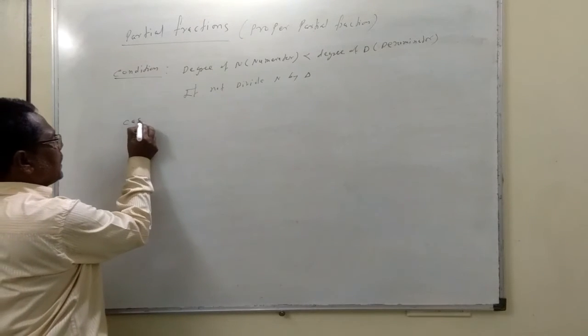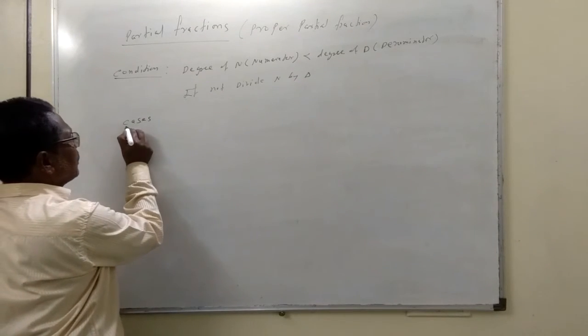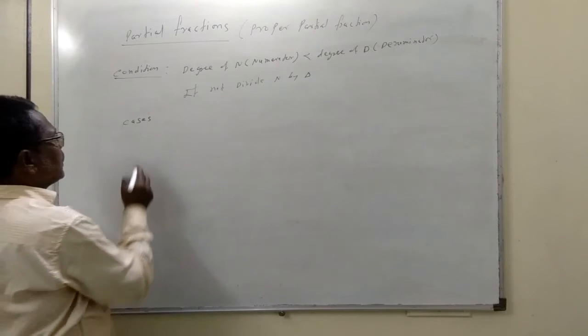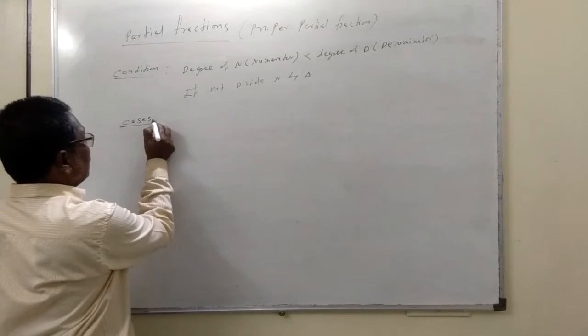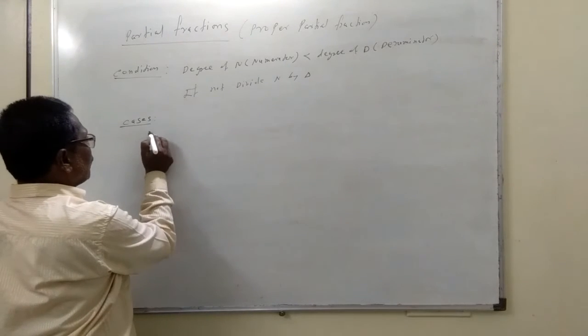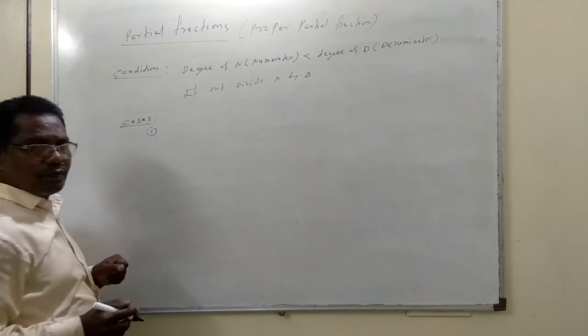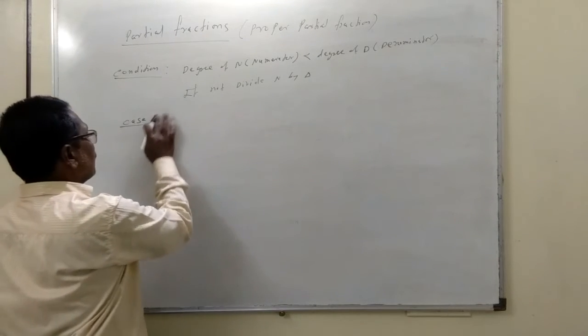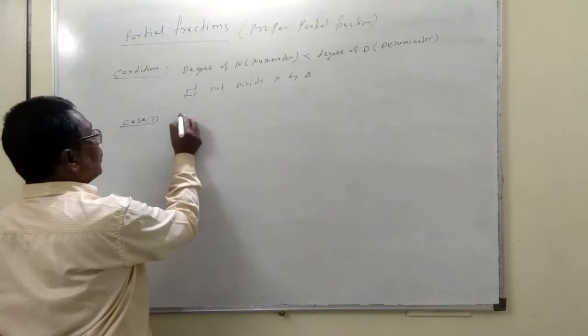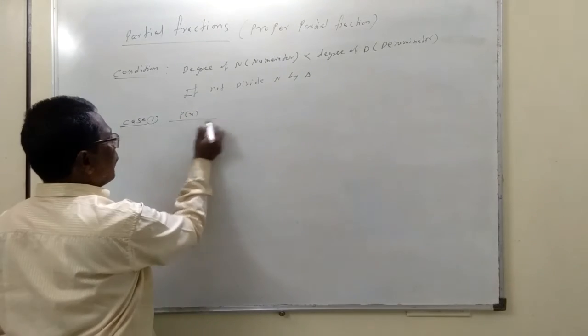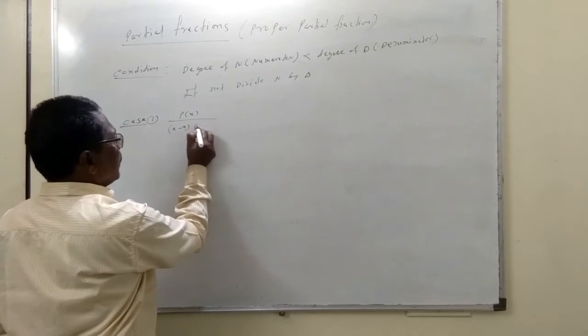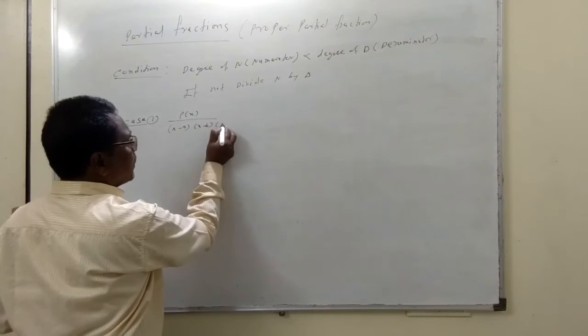Now different cases are there. Suppose we assume the degree of the numerator is less than the degree of the denominator. Case first: suppose p of x divided by (x minus a)(x minus b)(x plus c).